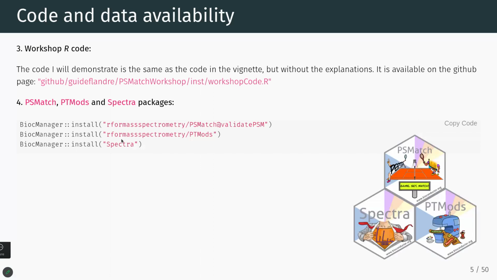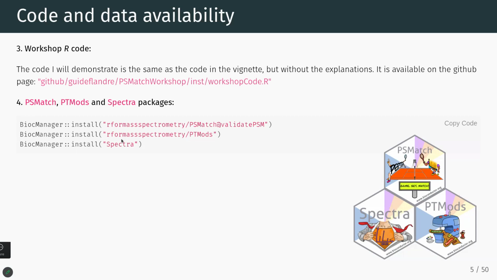And finally, there are three main packages that I will be using throughout the workshop. They're called PSMatch, PTMods, and Spectra, PSMatch being the central core of this workshop, but PTMods and Spectra are also used throughout the package. These can be installed from BiocManager, but the latest features aren't yet on the release page from Bioconductor, so you'd have to install it from the GitHub repo as well.